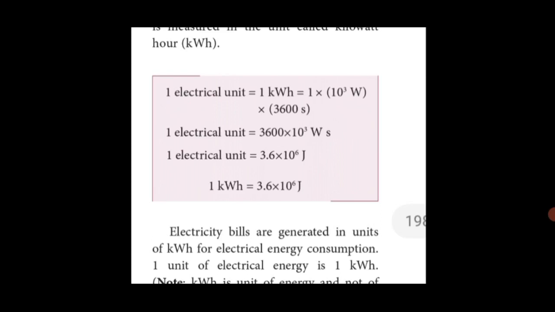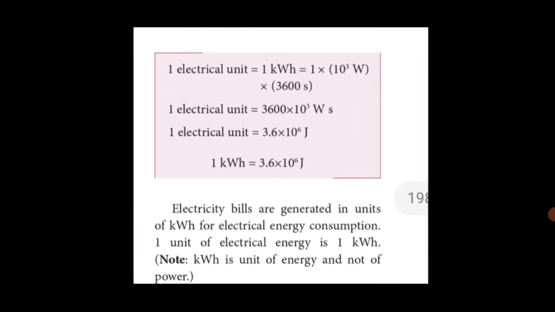So 1 electrical unit is equal to 3600 into 10 to the power of 3 watt second. Taking 3600 as 3.6 into 10 to the power of 3, the powers of 10 combine and make 10 to the power of 6. So 1 electrical unit, 1 kilowatt hour, is equal to 3.6 into 10 to the power of 6 joules.